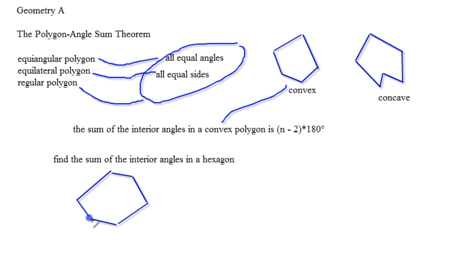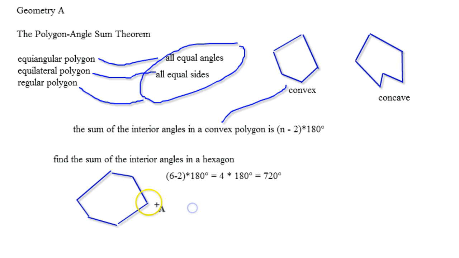So the angle sum would be 6 minus 2 times 180 degrees, which is 4 times 180, and 4 times 180 is 720 degrees.